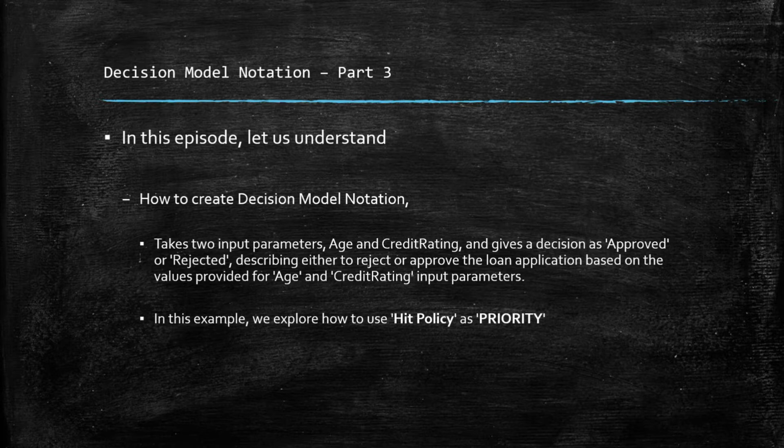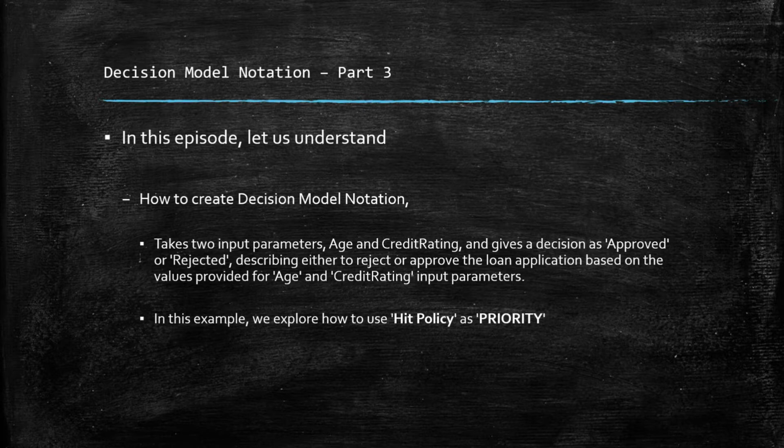In this episode, let us look at how to use hit policy as priority while defining a decision element inside a decision model notation. We look at the same example that we have looked at in the previous two episodes. It takes two input parameters, age and credit rating, and gives a decision as approved or rejected to either reject or approve the loan application based on the values provided for age and credit rating.